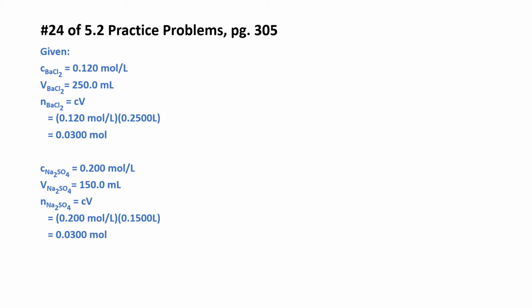This is important because if you look at the chemical equation that you were given in 24, the reaction occurs with barium chloride and sodium sulfate in a 1-to-1 ratio. So we can use the value of 0.0300 moles in our calculations. It is important because if there is a difference in molarity and the number of moles, then we have to take that into account because then there will be a limiting reagent.